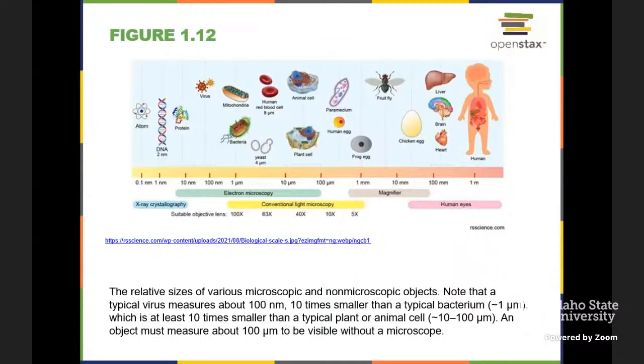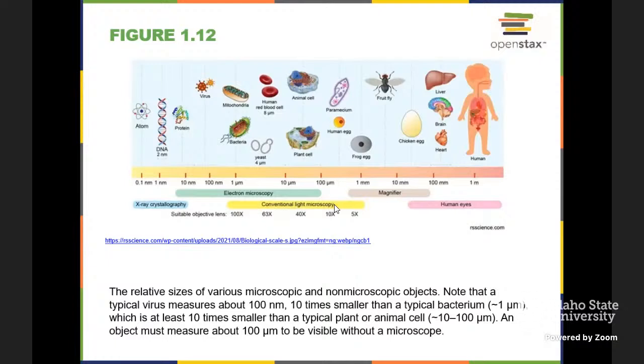We can't see things like a human egg or a paramecium, although some of these cells can technically be quite large, and maybe with a magnifier, not a microscope, you might be able. A little bit of wiggle room. But this brings us into the microscopy realm when we think about trying to visualize these cells.